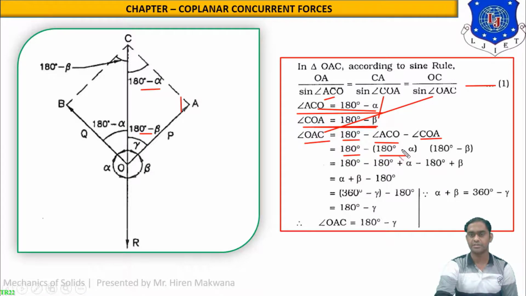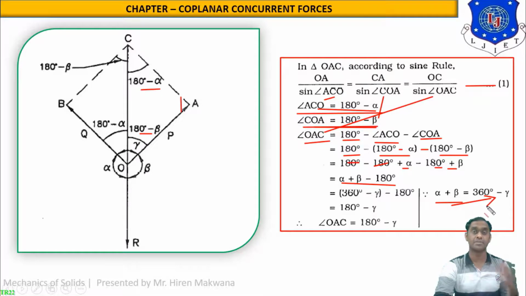Here it is minus. Okay, and minus COA is 180 minus beta. So just removing the brackets, you will get minus 180 plus alpha and minus 180 plus beta. So 180 will be cancelled out. Alpha plus beta minus 180 is the final expression. Now, as we have discussed earlier, alpha plus beta can be replaced by 360 minus gamma.